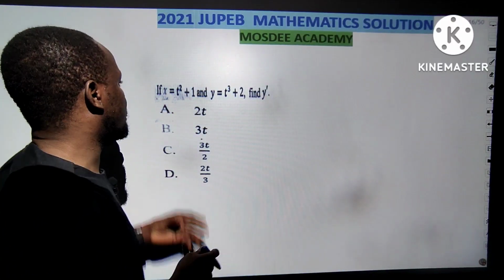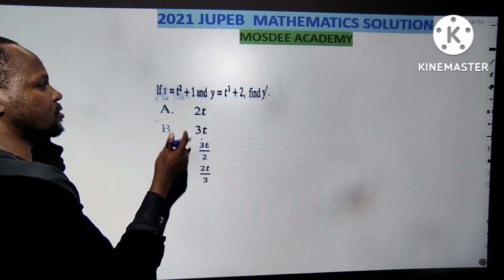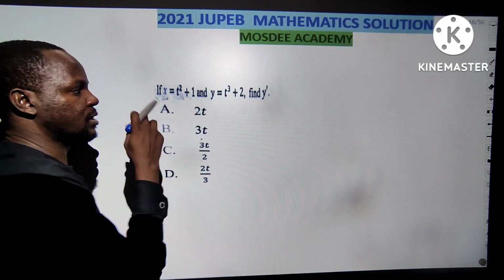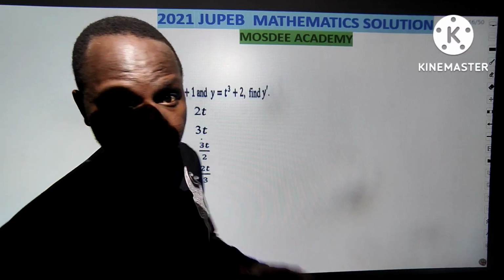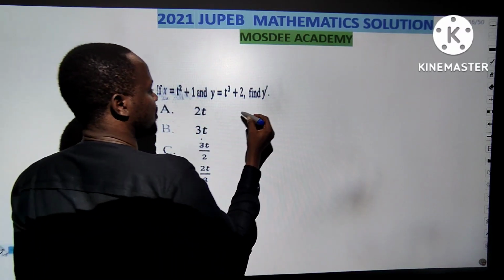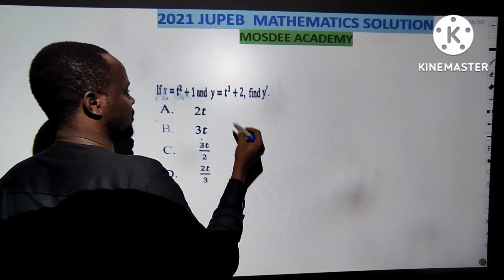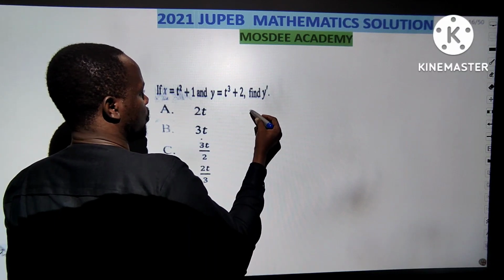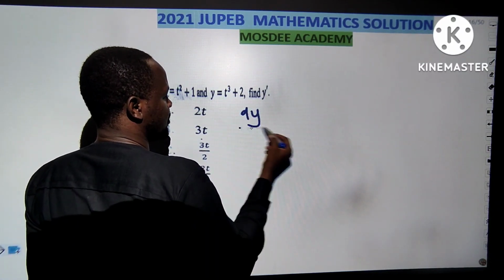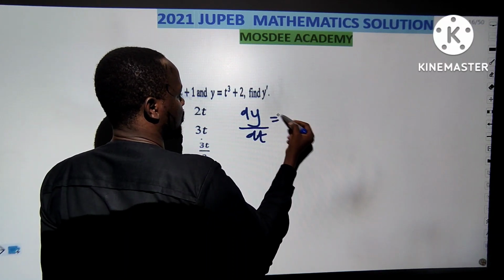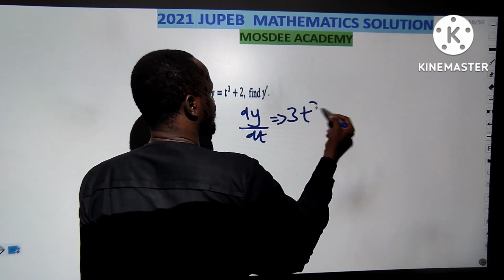Question 16. If x equals t squared plus 1, and y equals t cubed plus 2, find y prime. That is what we call differentiation with respect to a new variable. So y prime will be equal to dy dt, which is 3t squared. Everybody can see that.